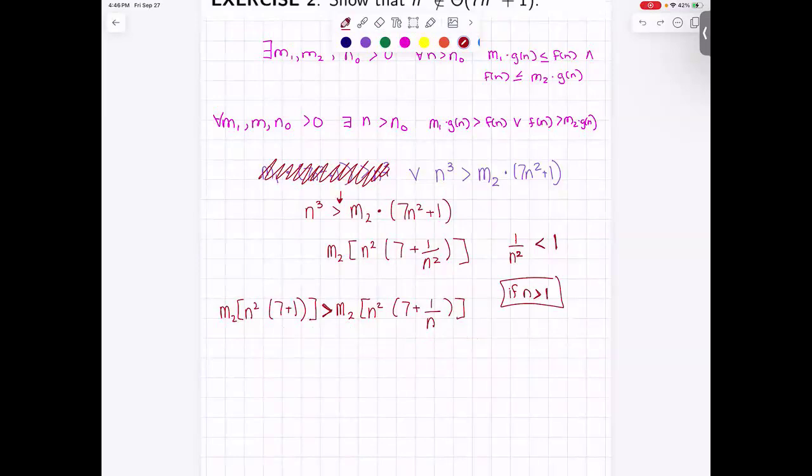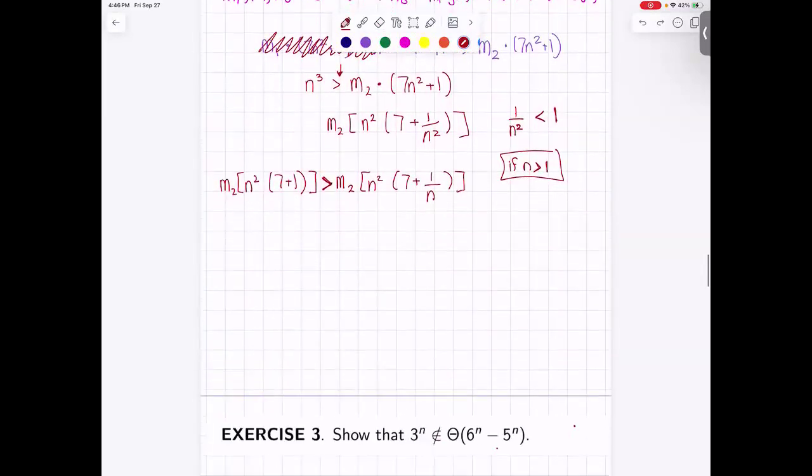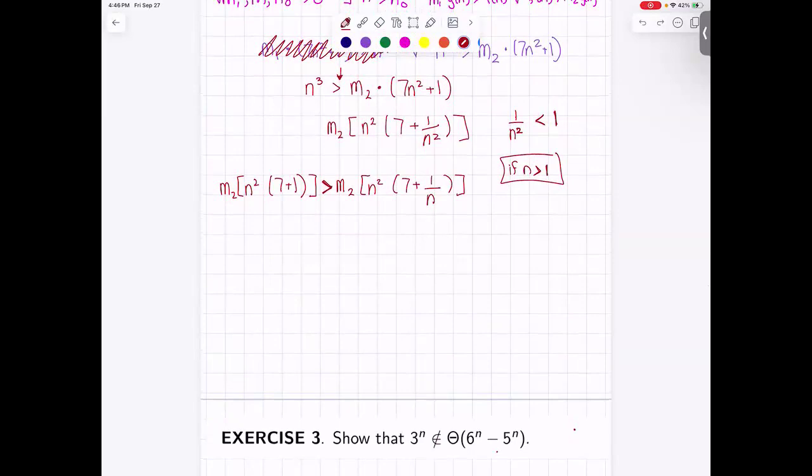And now with that in mind, we can use this new function over here where we have n cubed greater than m² n² times 8. That's not written very nicely, but I just took this and plopped it right there. We could now find a way to isolate our n.